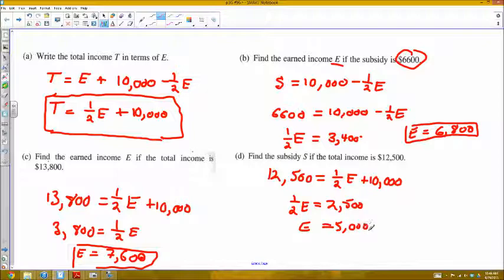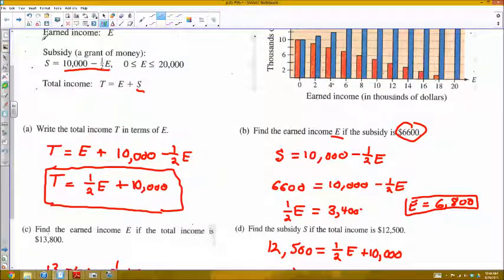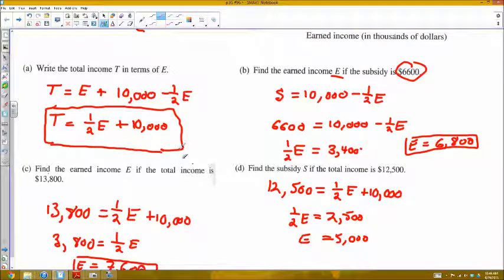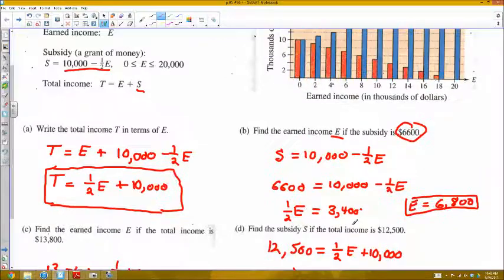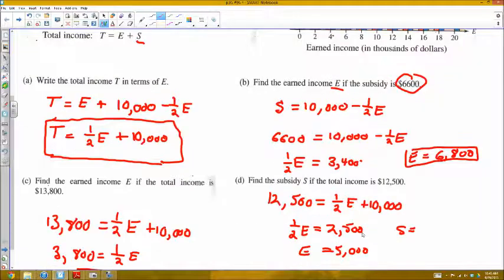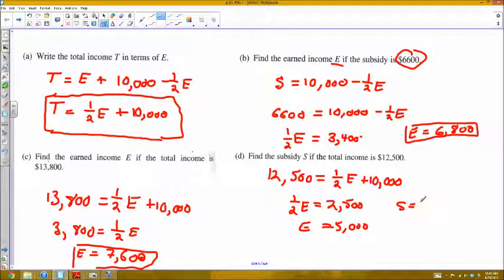Well, once I know what my earned income is, I can go back to my equation for subsidy, which is in terms of earned income, and calculate what my subsidy will be. So S will equal 10,000 minus 1/2 E. So this is 10,000 minus 1/2 my earned income, which I just found out was 5,000 in this example.